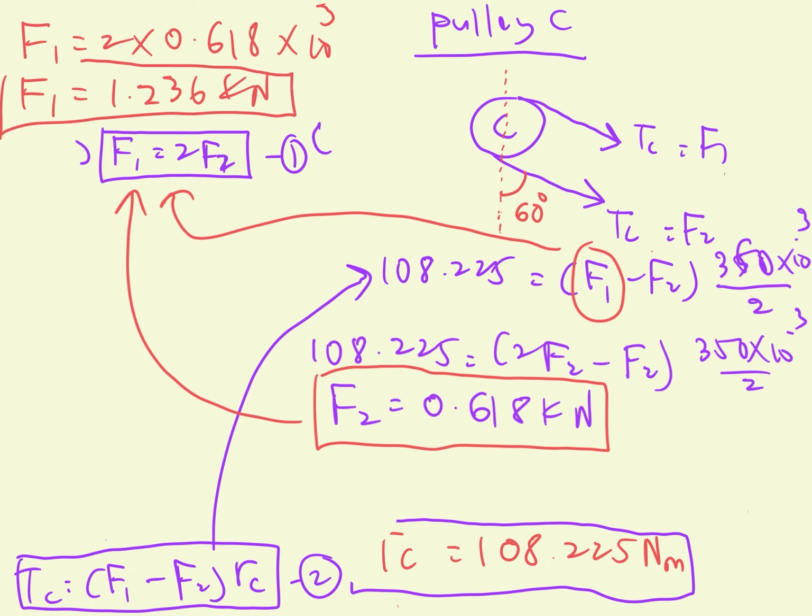Alright, so we have the tight side value here and the slack side value here. This value we will put on this side and on this side to find the total force acting at pulley C.